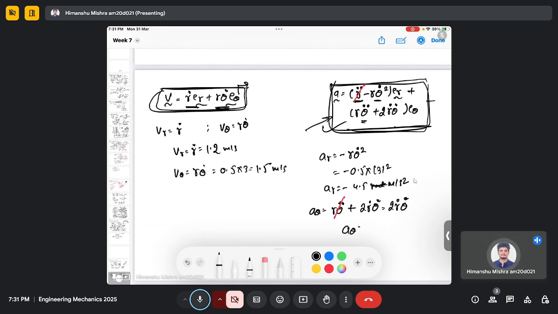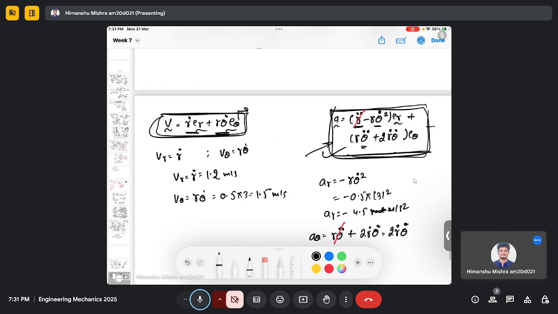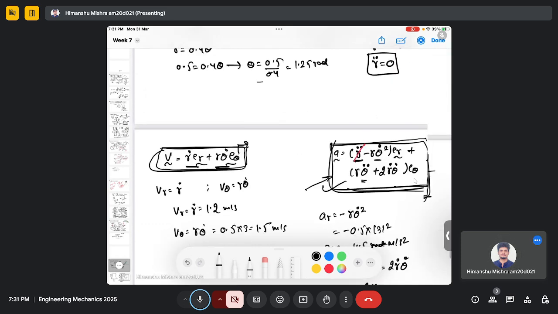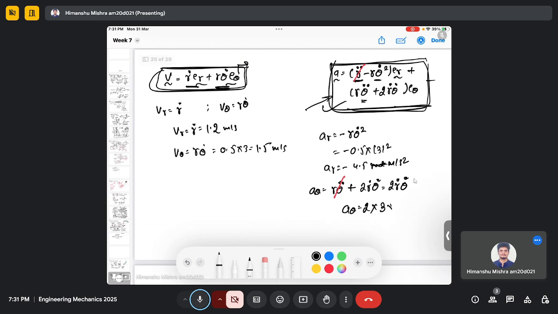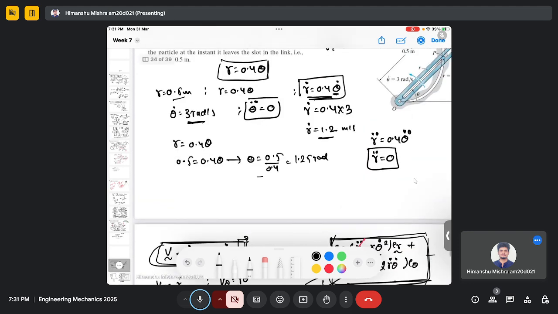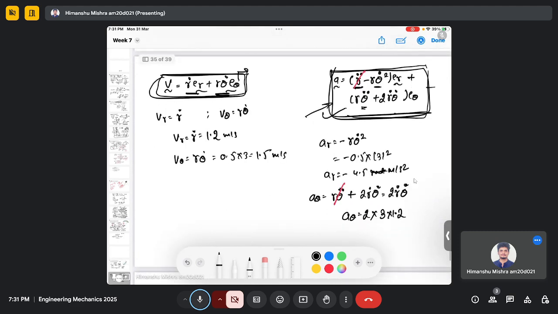So my a_theta is 2 times r dot, which is 1.2, and theta dot is 3. So this is 7.2 meters per second squared.